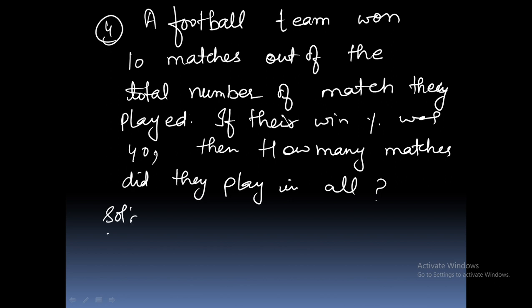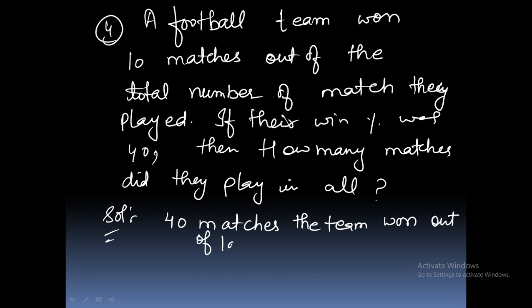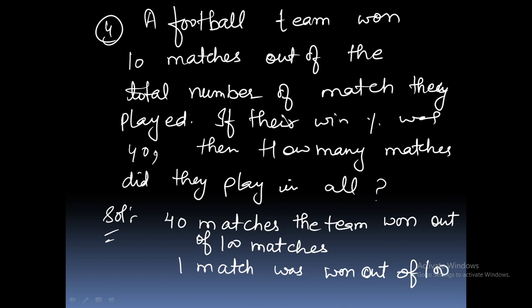You can solve it this way. 40 matches the team won out of 100 matches because 40% is given. So one match was won out of 100 by 40.